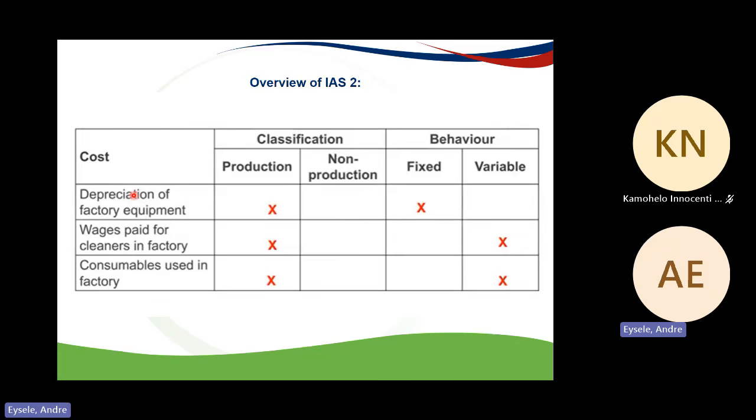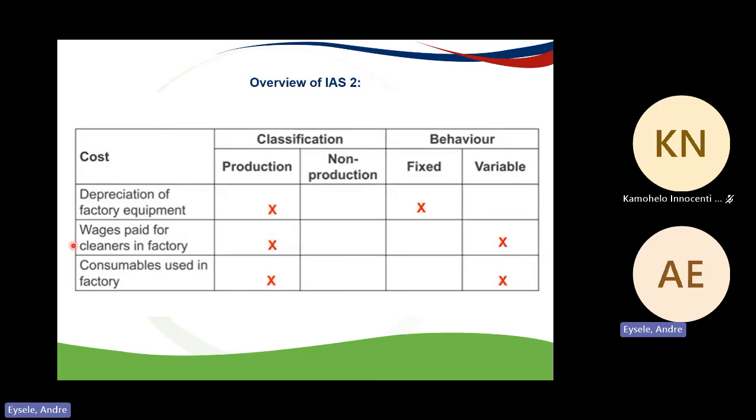If we say depreciation of the sales department, that is, for example, a non-production cost, which is also fixed, but it will not form part of production. So if you've got depreciation on sales equipment like the printers in the sales office, it's still a non-production cost, but it will remain fixed.